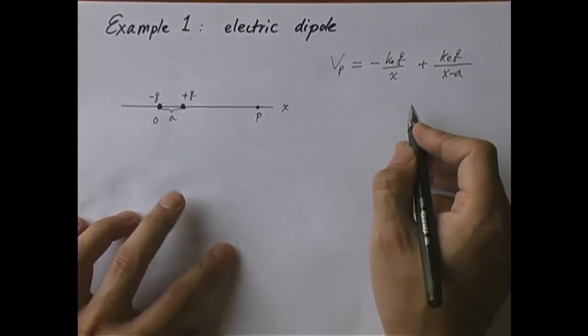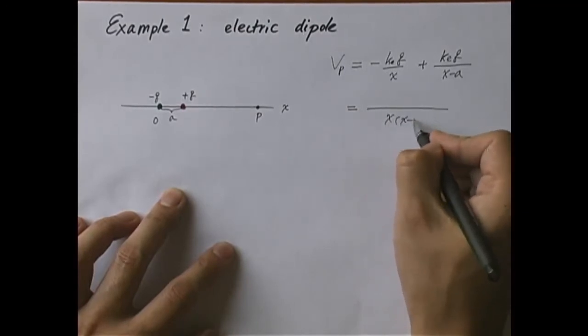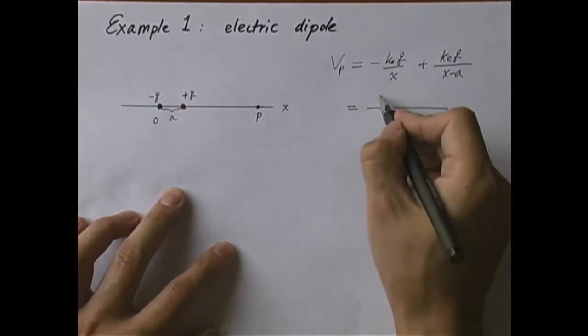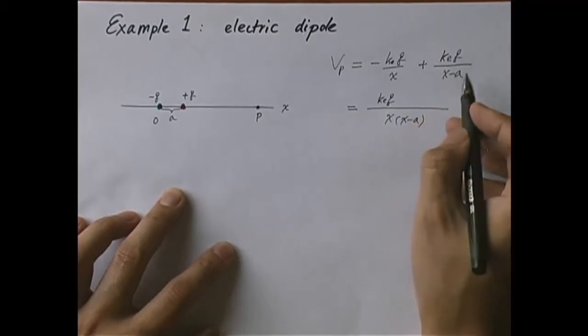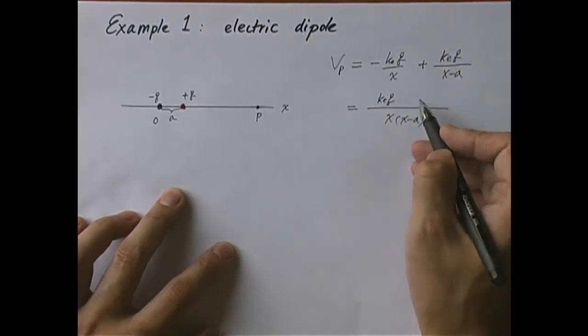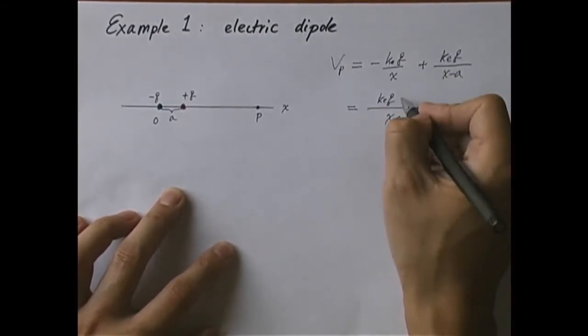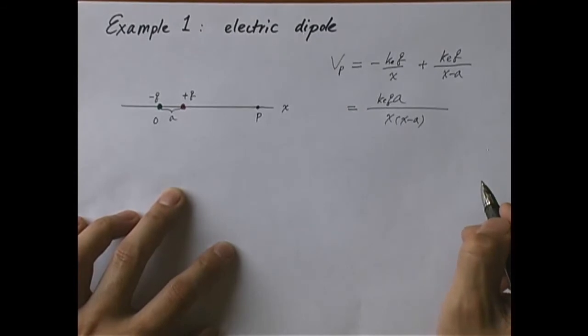Okay, now we can always do a little simplification. x times (x minus a), kq, and here is x minus a, and then minus x. So overall you have an a here, if you work out the algebra.